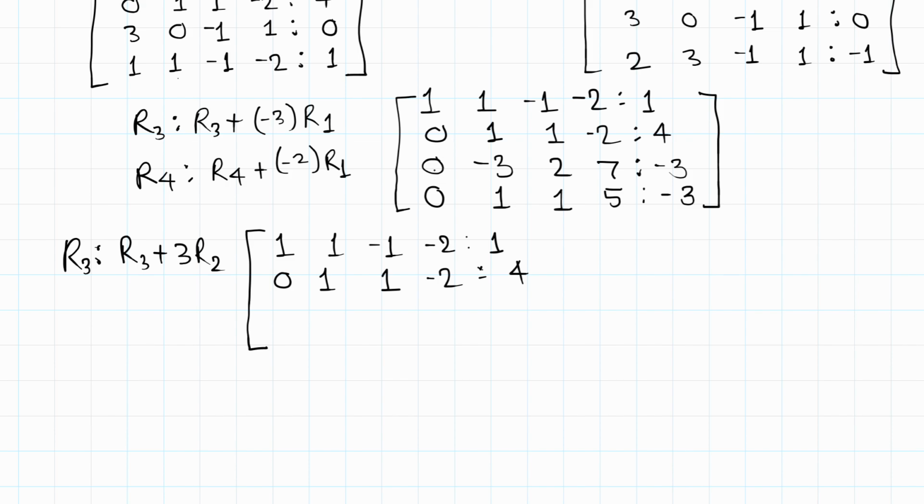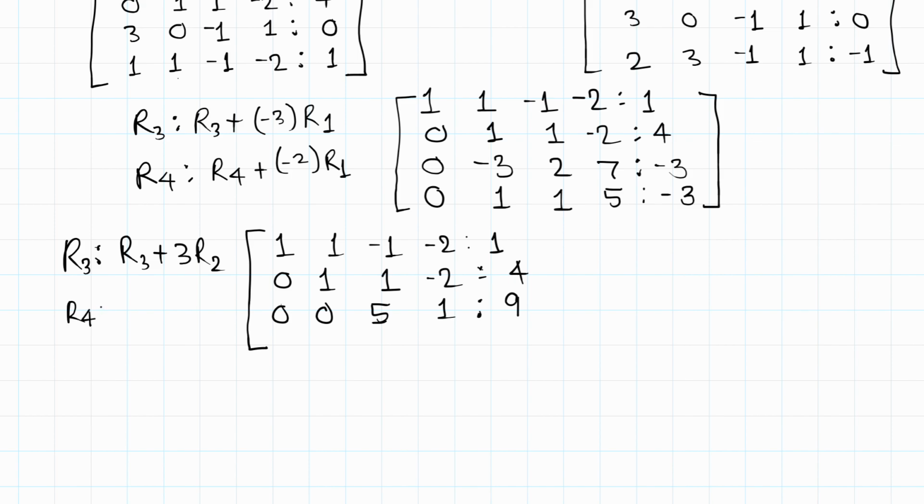Okay, R3 plus 3 times R2, 0 plus 0 is 0. Negative 3 plus 3 is 0. 2 plus 3 times 1, 2 plus 3, 5. 7 plus negative 6 is 1. Negative 3 plus 12, that's 9. Okay. And at the same time we can make the fourth row second entry 0.